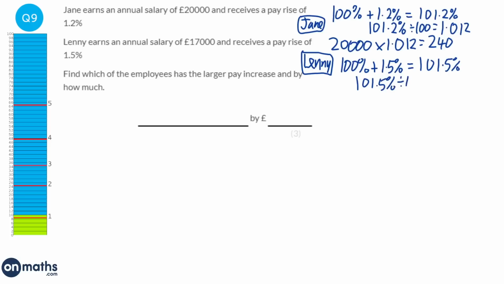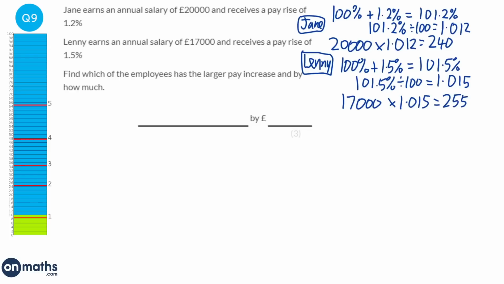We divide that by 100, which gives us 1.015. And then finally what we do is we get the 17,000 times it by the multiplier, and when we do that we get 255. So Lenny has 255, Jane has 240.